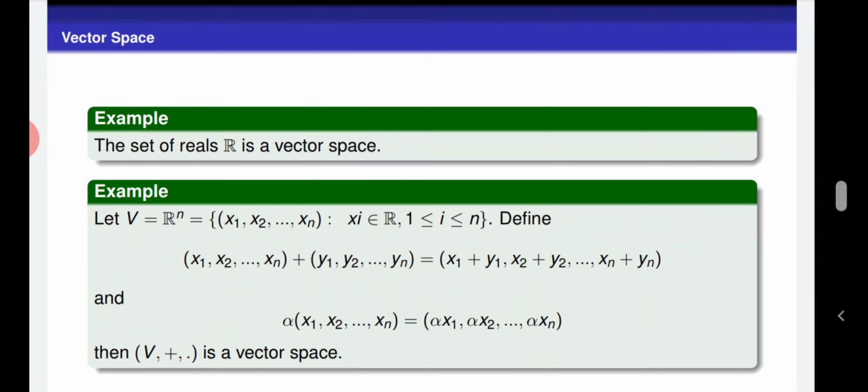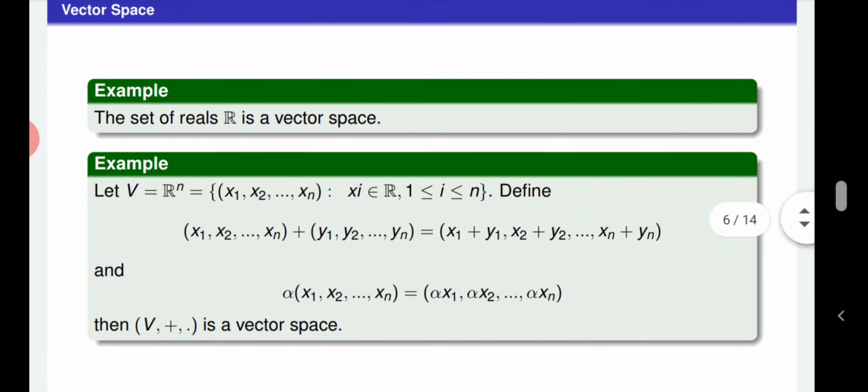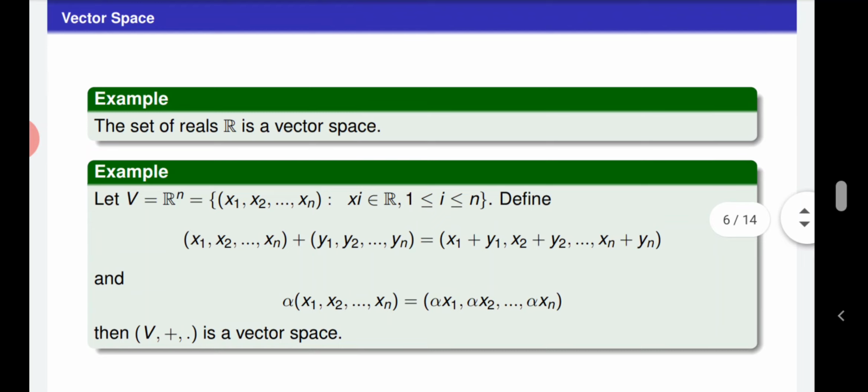Then we define (x1, x2, up to xn) plus (y1, y2, up to yn) equal to (x1 plus y1, x2 plus y2, and so on up to xn plus yn), and alpha of (x1, x2, up to xn) is equal to (alpha x1, alpha x2, up to alpha xn). Then (V, plus, dot) is a vector space.